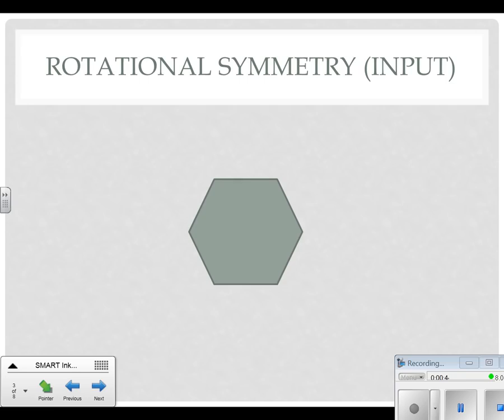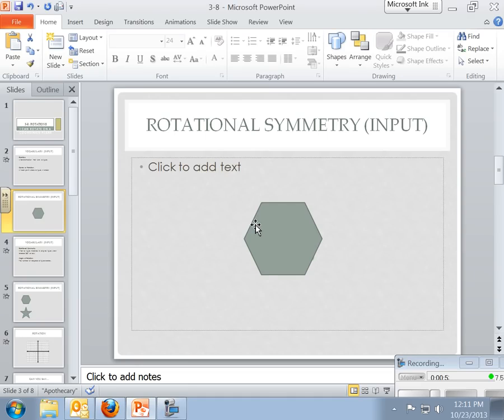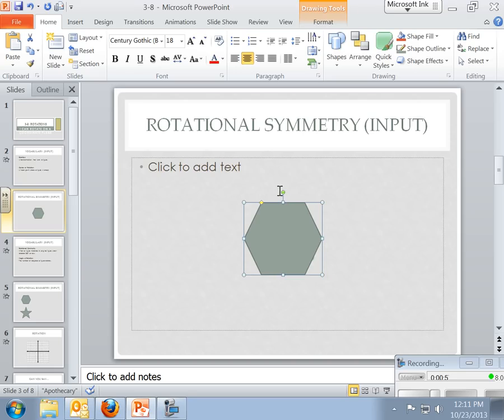Rotational symmetry is a specific type of rotation we're going to look at here, and I am going to take this image and show you when I rotate it one circle, I'm going to turn it 360 degrees clockwise. We're going to look at how many times it appears just like this in that one turn.